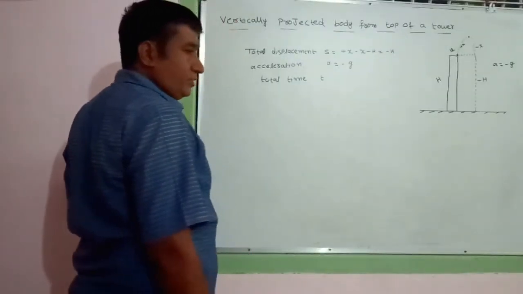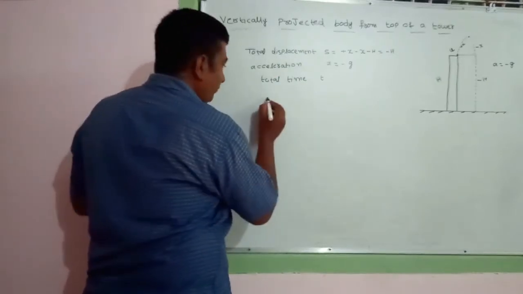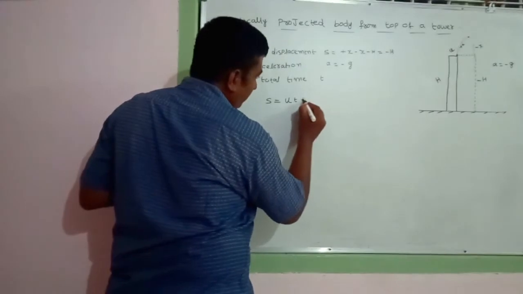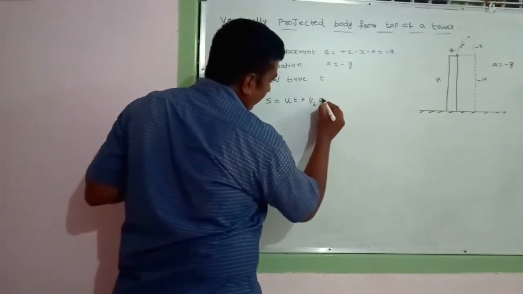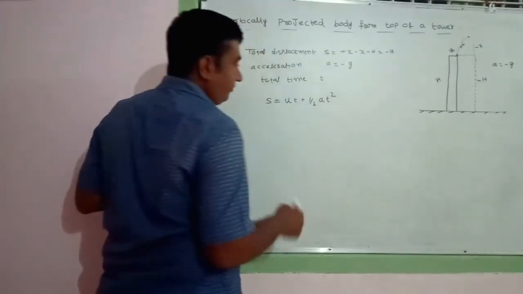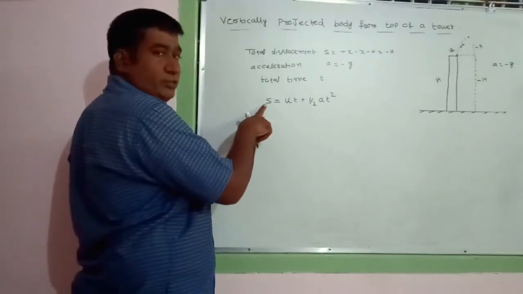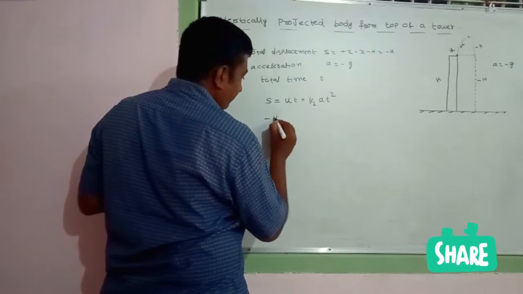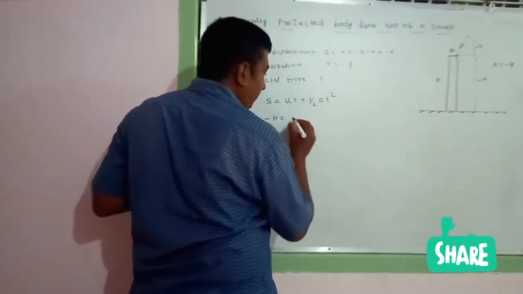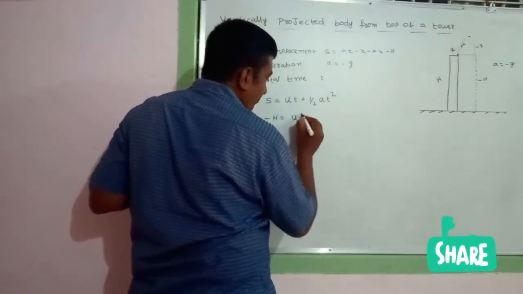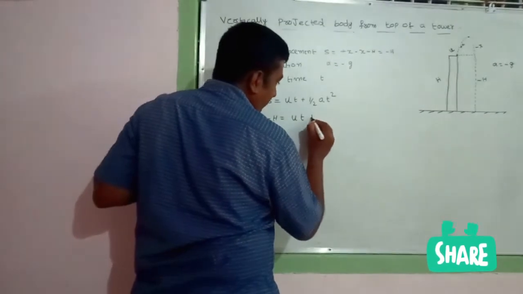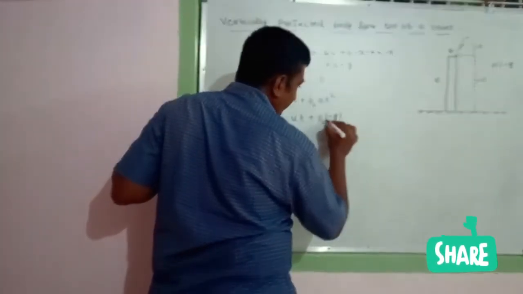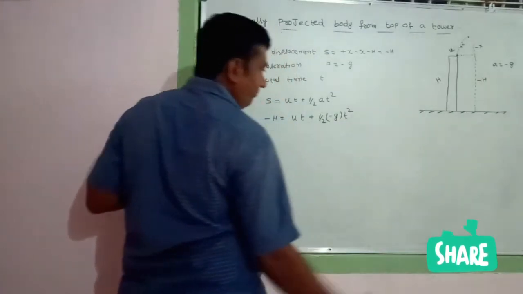From the kinematic equations, we know very well s is equal to ut plus half a t square. S represents the total displacement, which is minus h. We apply some initial velocity u, and the total time is t. So plus half a, which is minus g, into t square.